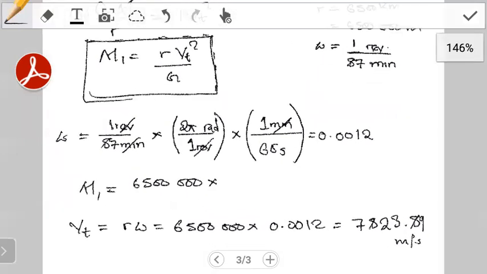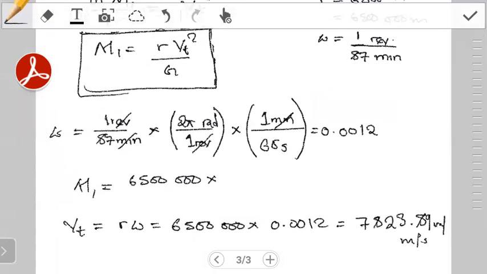Once you've done this, then you can substitute in our formula. Let's do it properly on the next page.